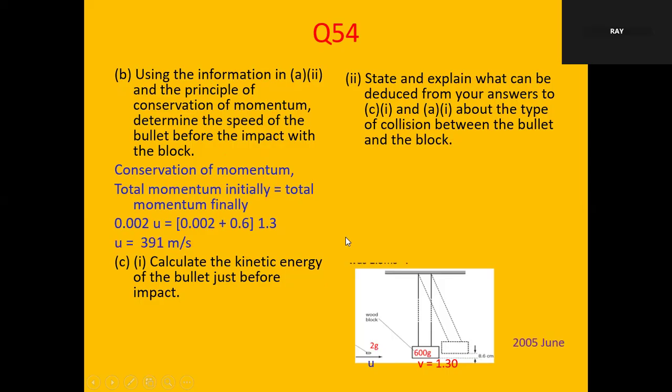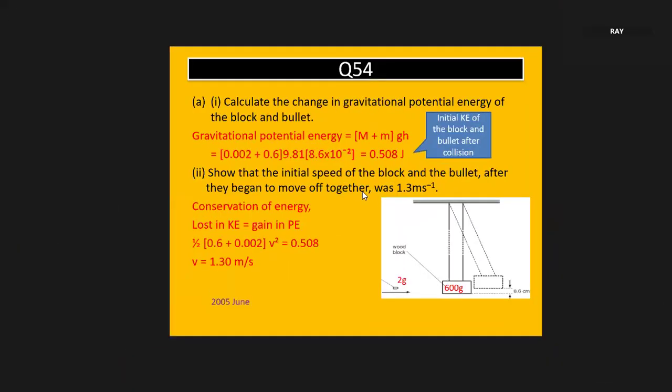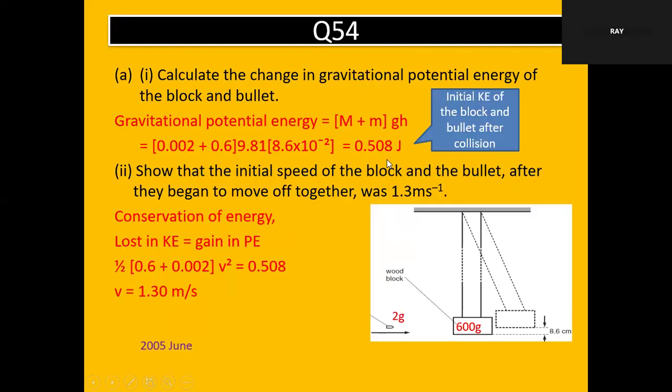Calculate the kinetic energy of the bullet before impact. Okay. State and explain what can be deduced from the answer to C1 and A1 about the type of collision between the bullet and the block. That's A1.